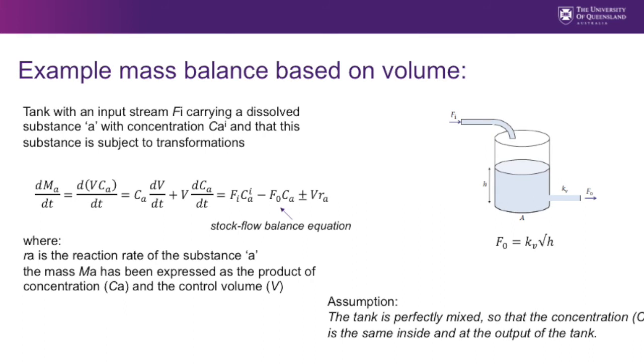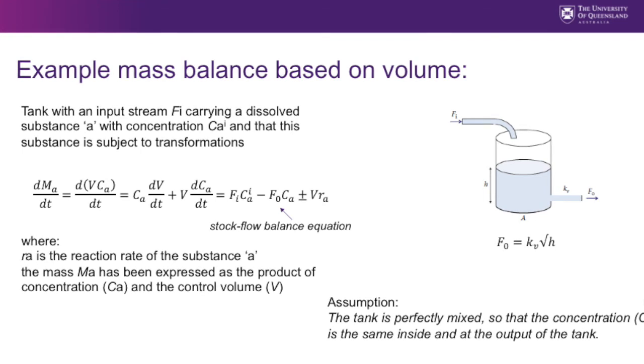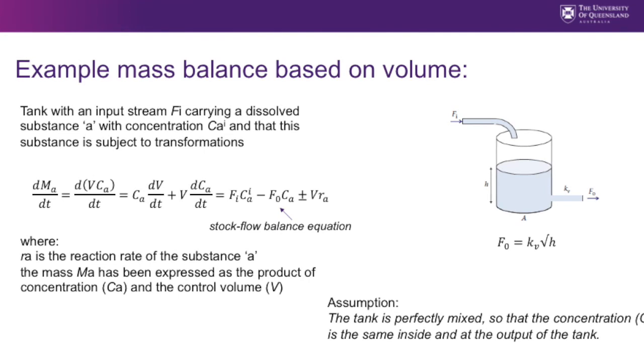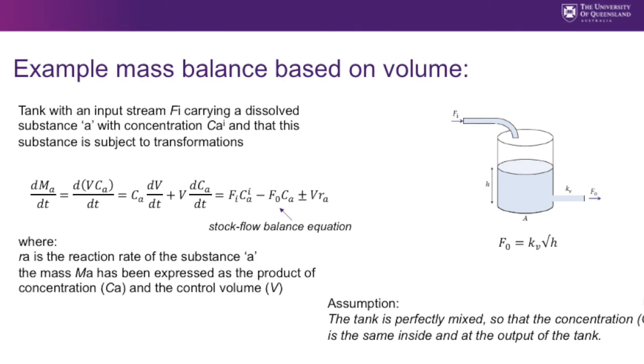And if we have different flows going in and out, that will mean that we also have a change in volume, and we will also have a change in concentration. So the general expression of the change of mass per unit time can be changed to a change of volume and concentration per time.